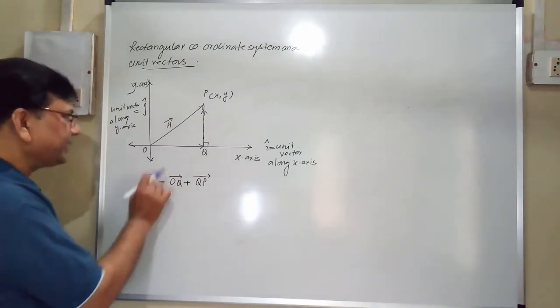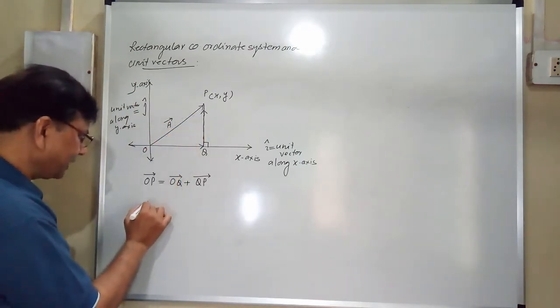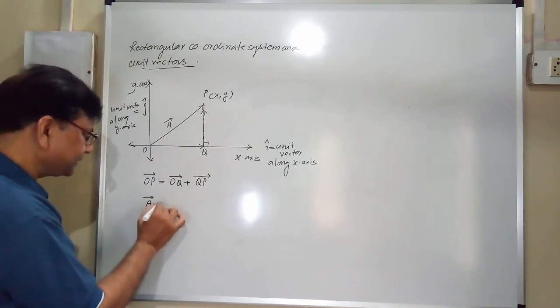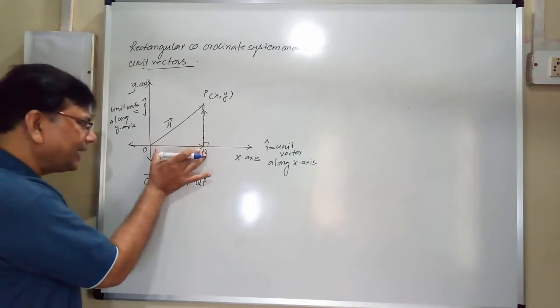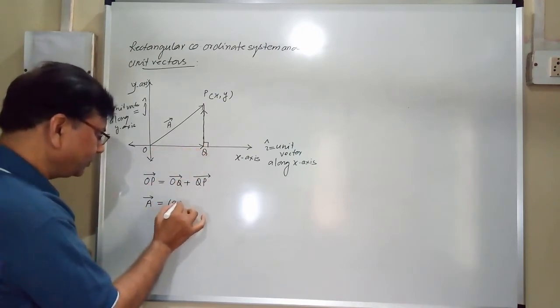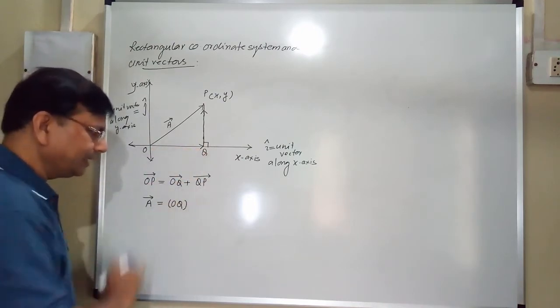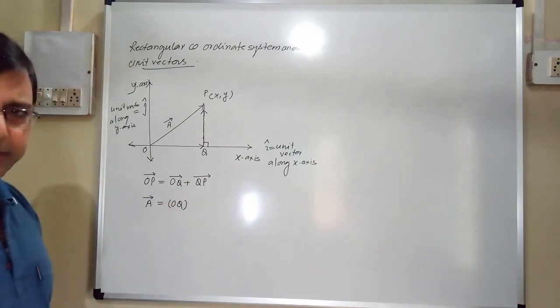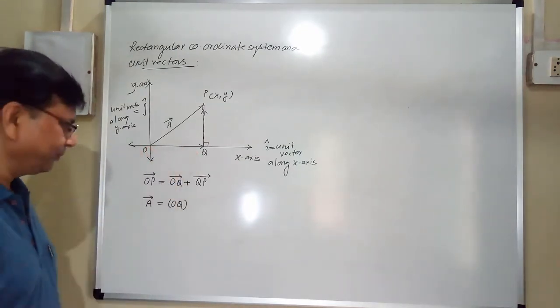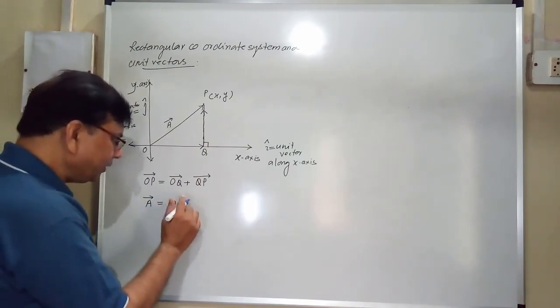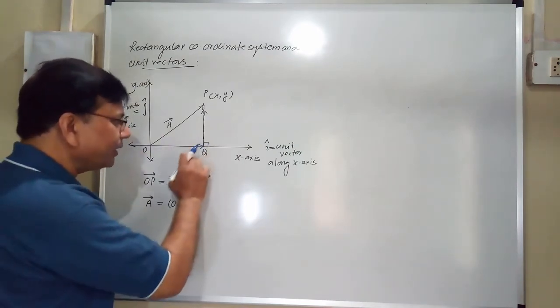Now, OP vector is represented by A, so we will write A vector over here is equal to OQ vector, meaning this length. So we will write OQ. I will not put an arrow over it because it is a magnitude I am showing. This length I am telling you. OQ into the unit vector along OQ, and that is i.